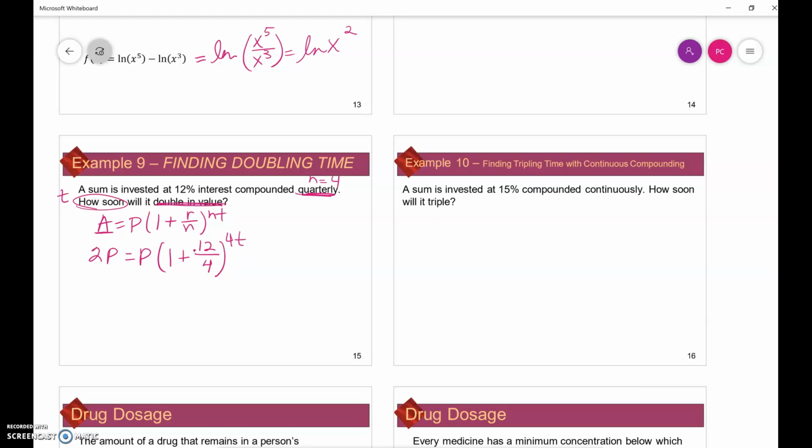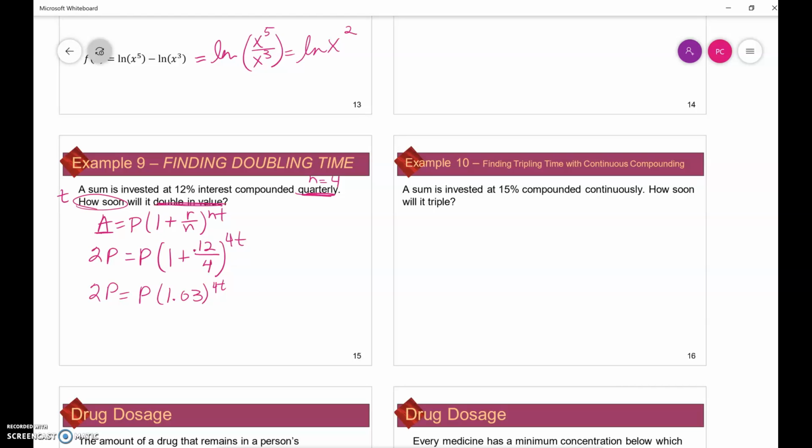All right. So what you want to do is simplify the inside of the parenthesis. By simplifying 1 plus 0.12 divided by 4, we end up with 2P equal to P times 1.03, all to the 4t power.